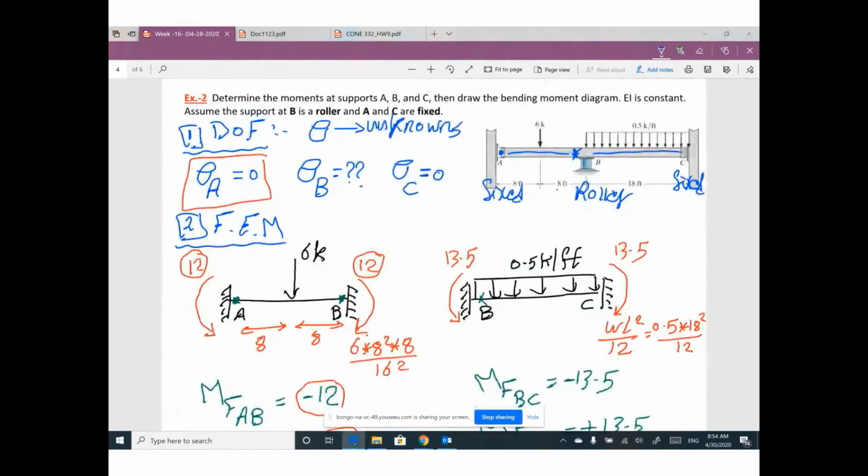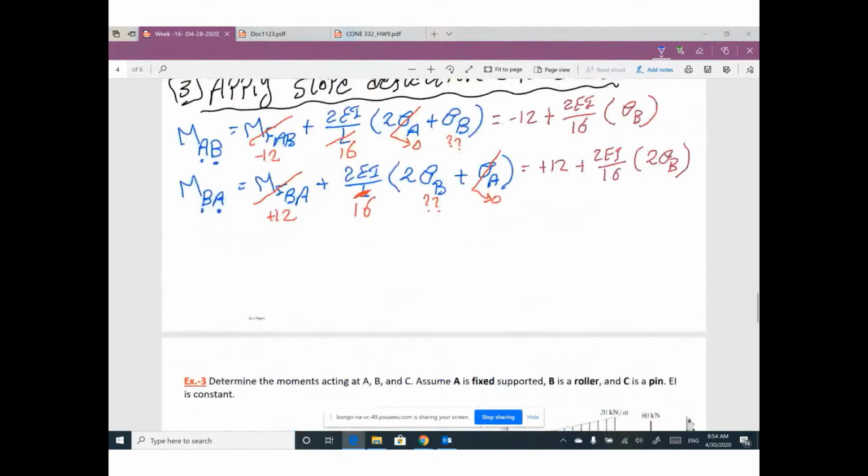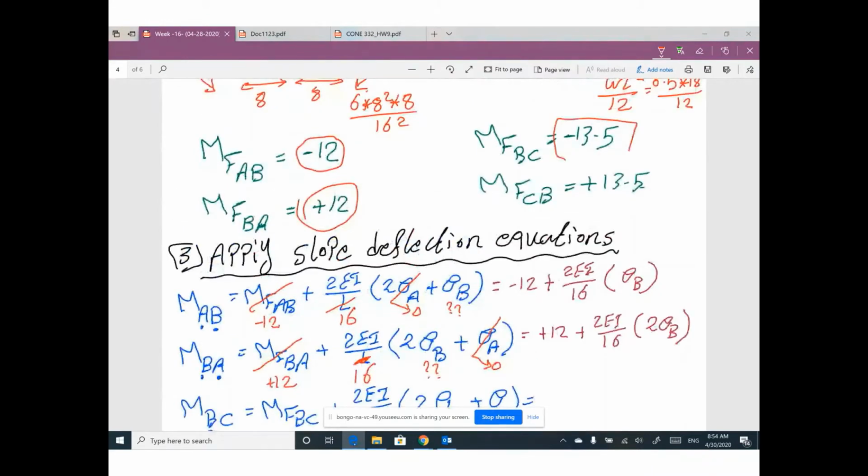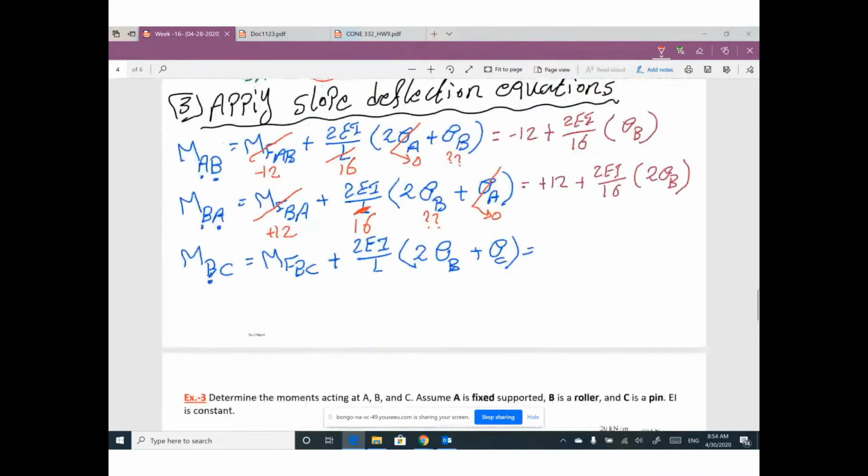BC. If you are talking about this side of this member, M final BC equals M fixed BC plus 2EI divided by L times 2 theta for the first point B plus theta C. Put your number. M fixed BC, I believe you got it before: negative 13.5.